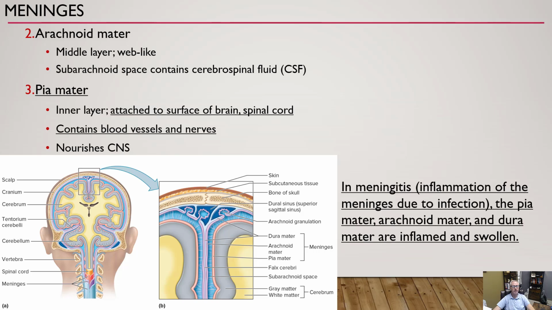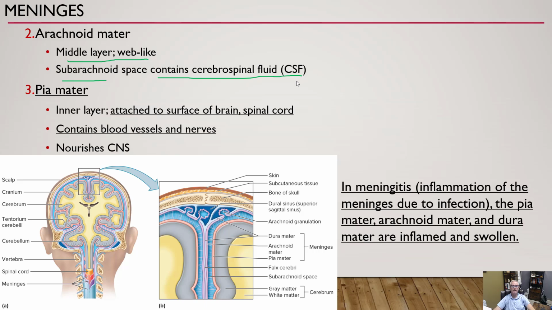Then we have the arachnoid mater. That's the second layer of the meninges, the middle layer. It's actually kind of spider-webby looking. Like I said, it's underneath that dura mater. We also have the subarachnoid space, underneath that arachnoid mater, and that's where we're going to find the cerebrospinal fluid.